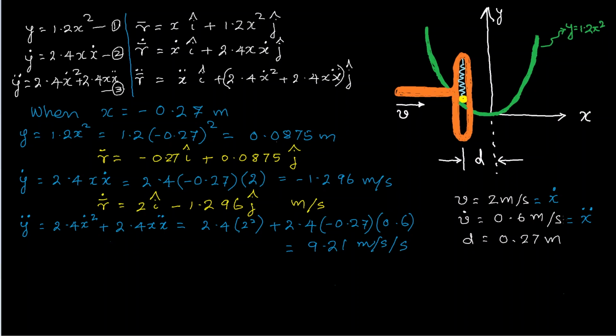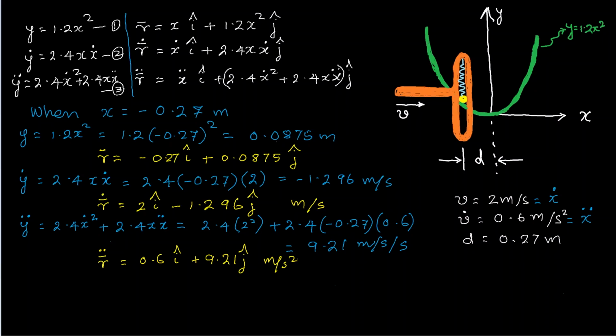Here I have made a mistake. It should have been meter per second squared, right? Now we can write the vector form of the acceleration, r double dot, which is equal to 0.6i plus 9.21j meter per second squared.